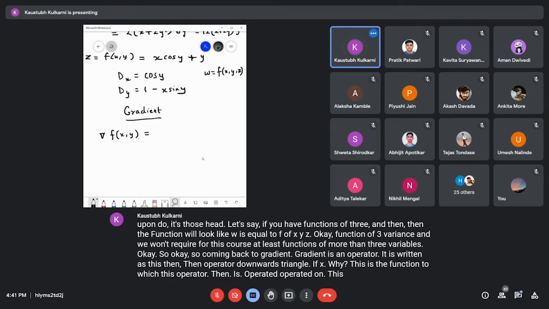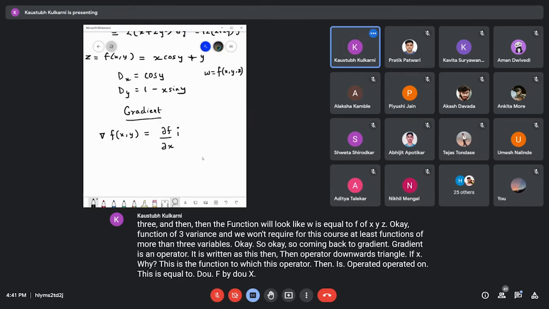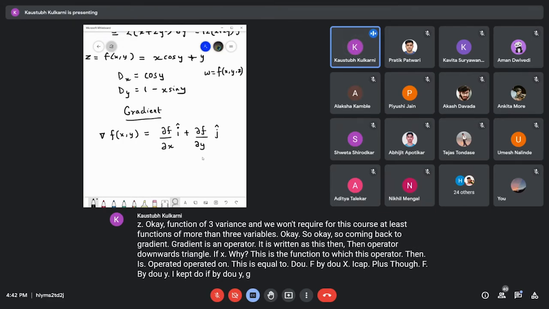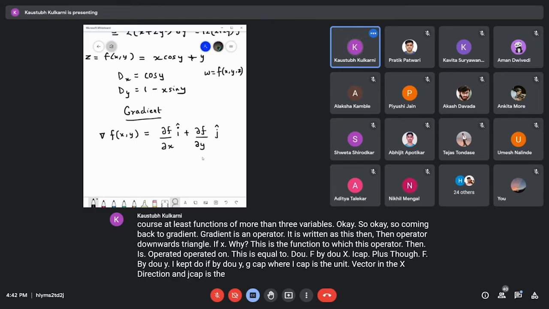This is equal to dou f by dou x i cap plus dou f by dou y j cap, where i cap is the unit vector in the x direction and j cap is the unit vector in the y direction.